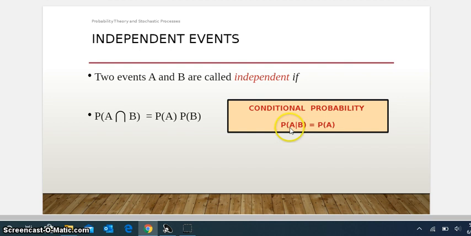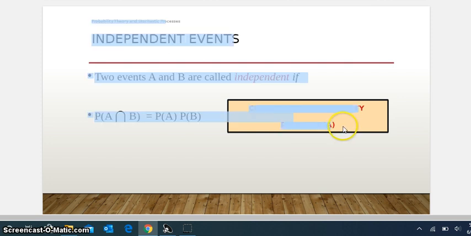But if B is not dependent on A and A is not dependent on B, then it is just equal to the probability of A. So there is no impact of B on A. Even though it is conditional probability, it is the same as the probability of A.